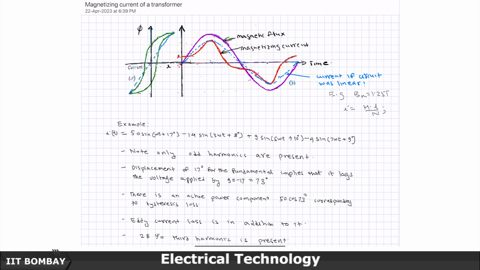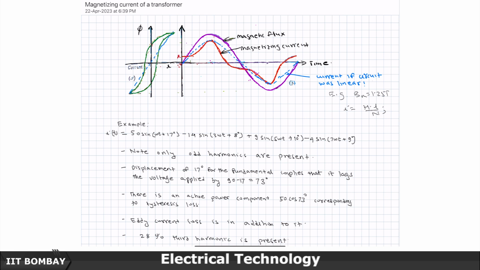To recall, this is my B, this is my H. Now, B I rescale the y axis by multiplying it by A, so it becomes flux, and for H I rescale it by a factor of L by N, because H into L is equal to N times I, the Ampere's law.